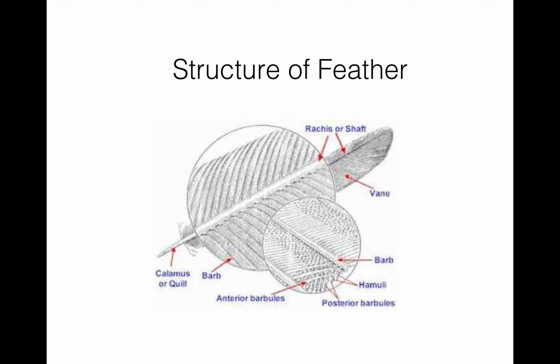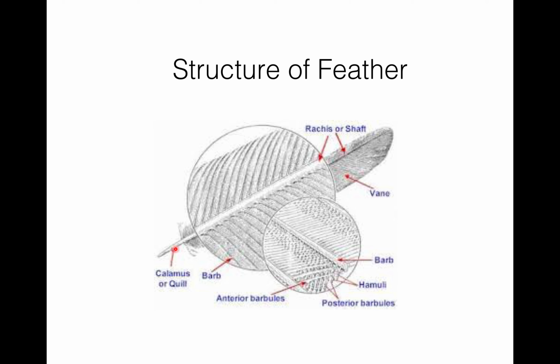A typical flight feather consists of a main stem, that is the central axis, then the vein, and barbs and barbules. So here you can see the calamus, or the quill.